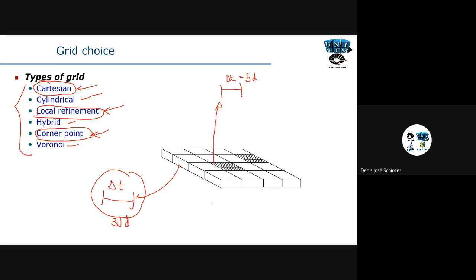So once I add these complex geometries and smaller blocks and local refinements and so on, the solution will not only take more time because of the number of the blocks, but also because of the characteristics of the block. When we have very small blocks, the time steps also will have to be small. I'm going to show this today in the equations, but this is a very important thing for you to consider.